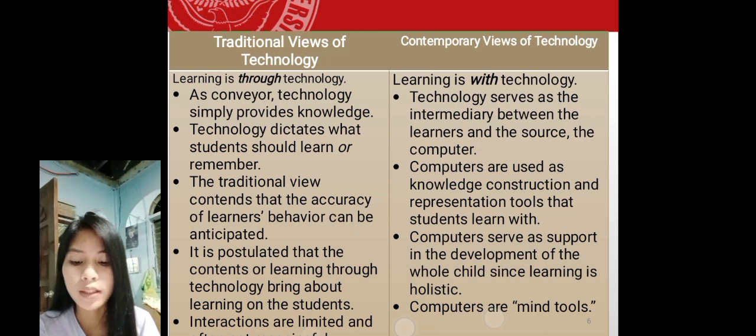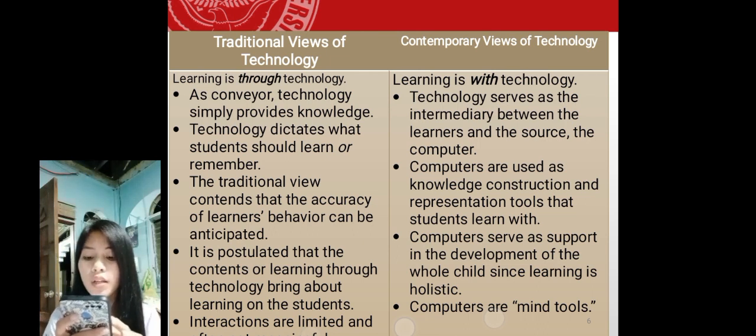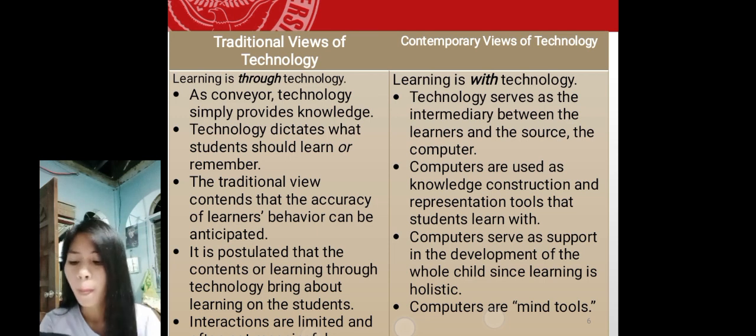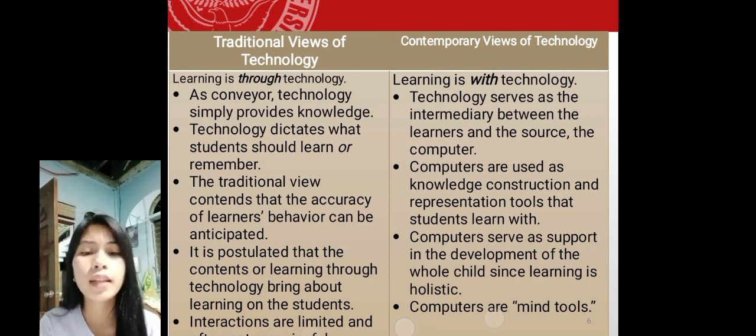The third one is the traditional view contends that the accuracy of learners' behavior can be anticipated. So what does it mean? It means that it can be anticipated because we learn from technology that is already planned, and the learner's behavior can be predicted.